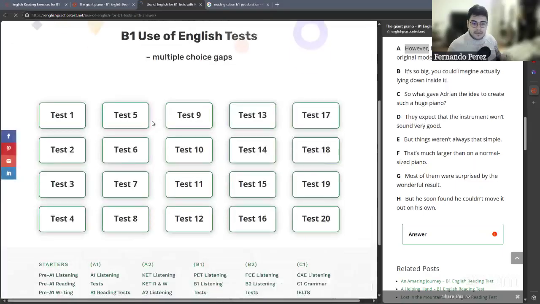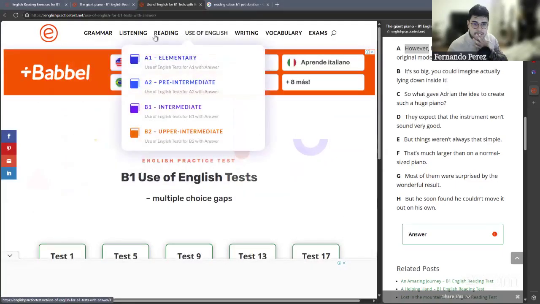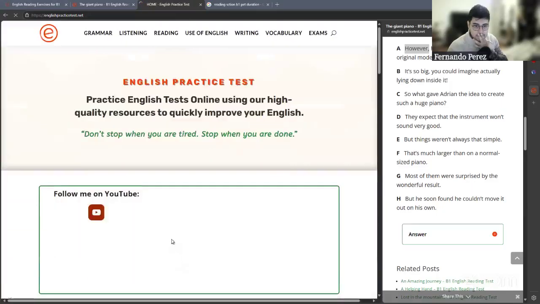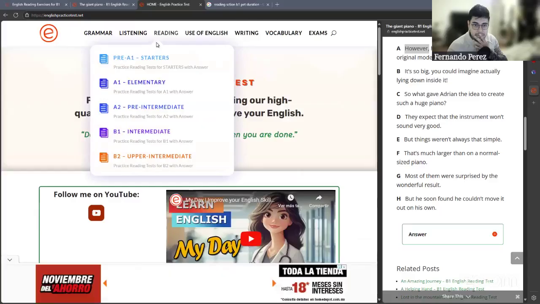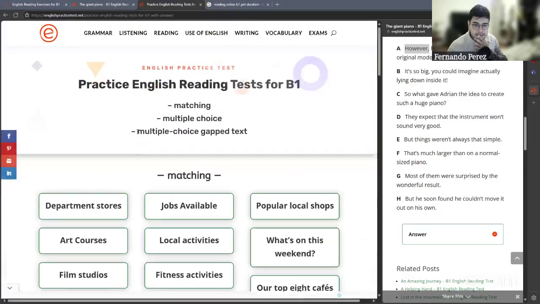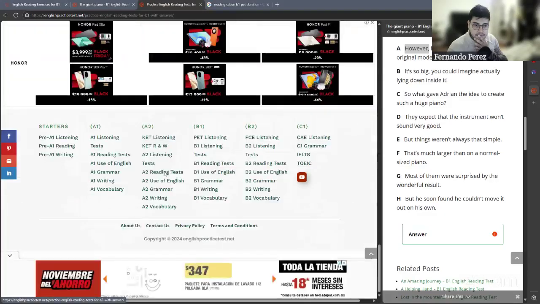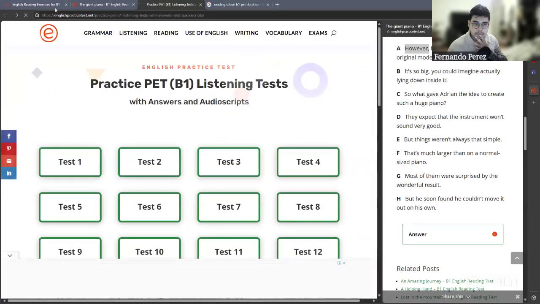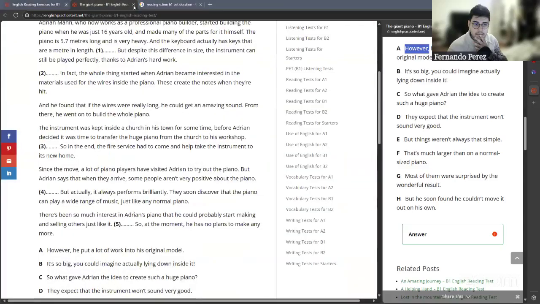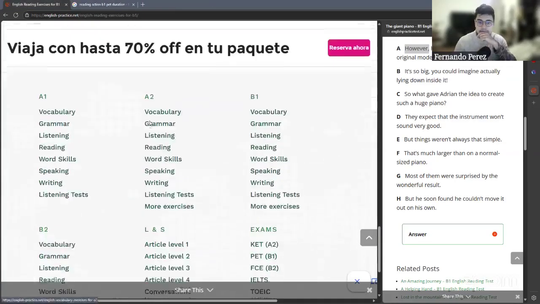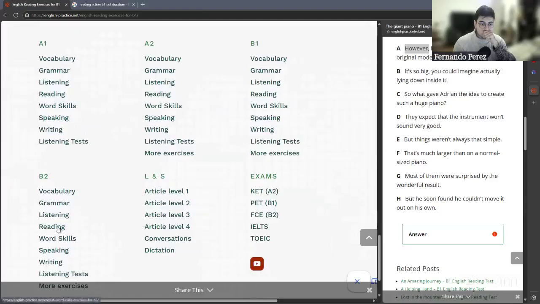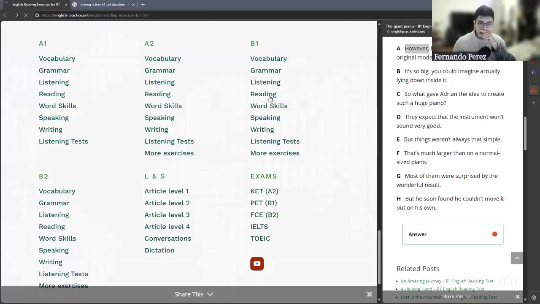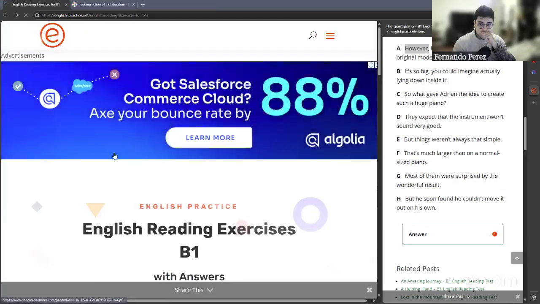Where is it? There is an exercise about these connectors somewhere.